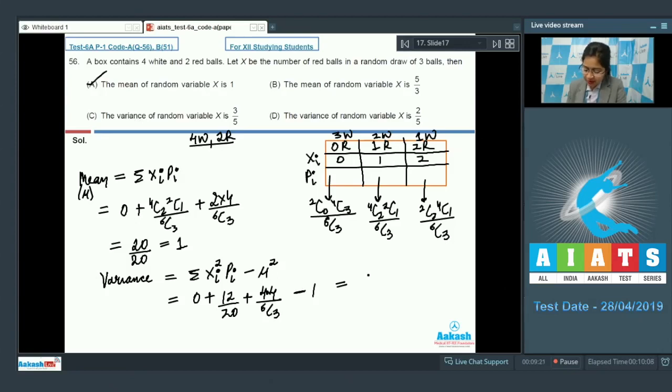So this is equal to 16 plus 12, that is 28 upon 20 minus 1, that is 8 upon 20. So that is equal to 2 upon 5. So option number D is also correct. So the answer of this question will be A, D.